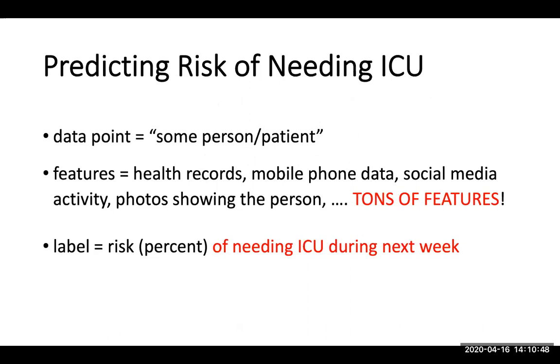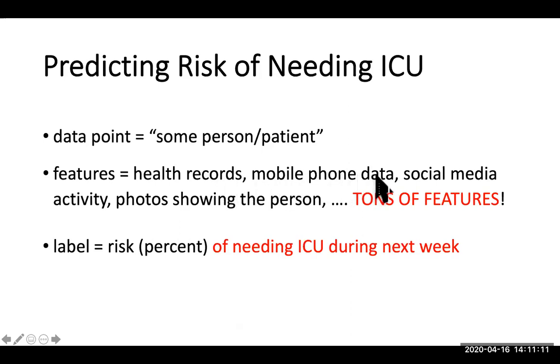Do we have enough intensive care beds in our hospitals? Or should we prepare more? In order to predict the need of an ICU, we can use the features of a patient. So is he or she currently ill? What are the current health parameters, previous diseases, so all the health records.